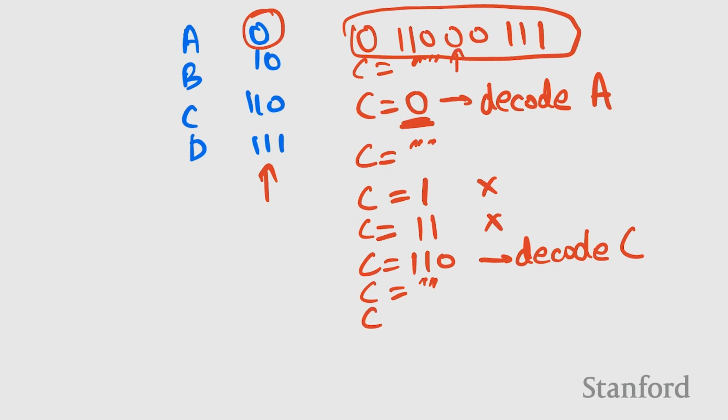So next you insert 0 in C. Are we ready to decode? Yes, because 0 is one of the code words. 0 is the encoding of A, so you immediately decode A. And so on. Let's not do it too much.